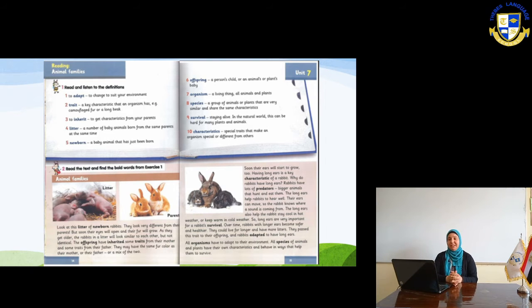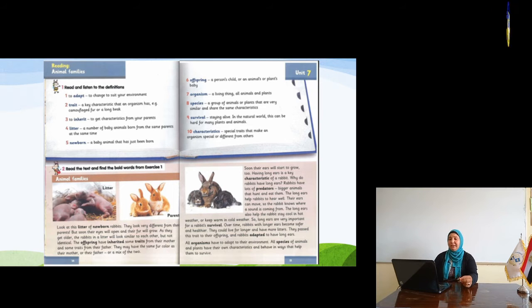Look at this litter of newborn rabbits. They look very different from their parents, but soon their eyes will open and their fur will grow. As they get older, the rabbits in a litter will look similar to each other, but not identical.